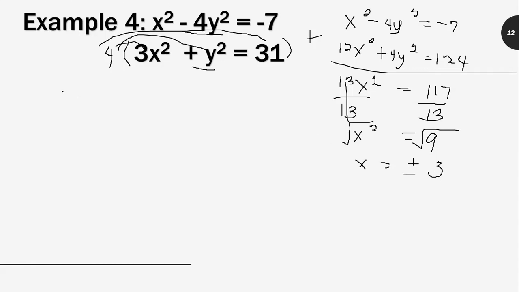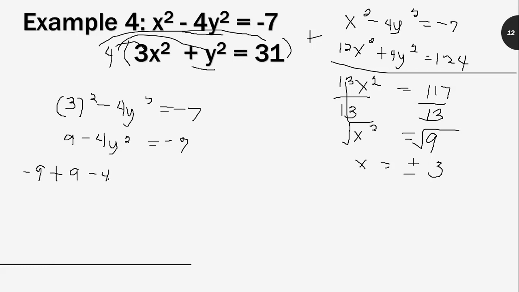And then using x is 3 squared, use equation 1. 3 squared is 9 minus 4y squared is equals to negative 7. Para negative 4y squared lang matira, we have to add opposite po ng positive 9 which is negative 9. Negative 4y squared is equals to negative 7 minus 9.